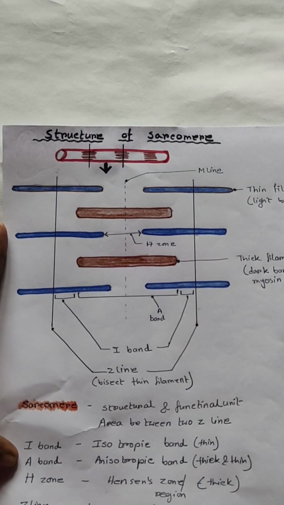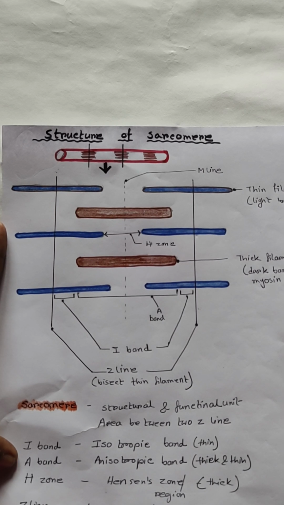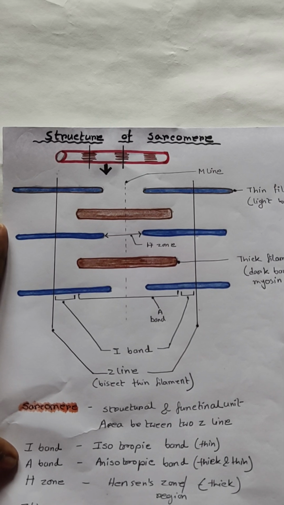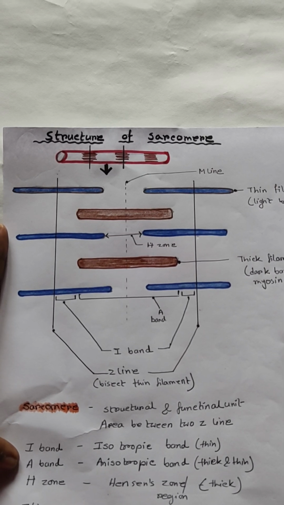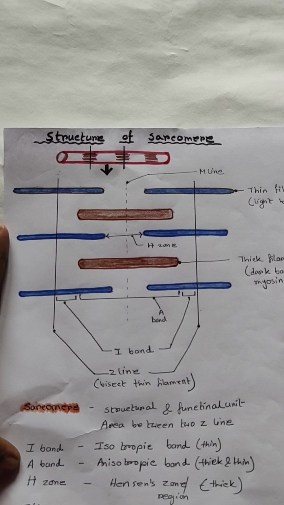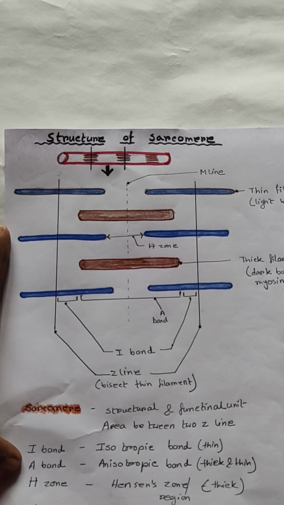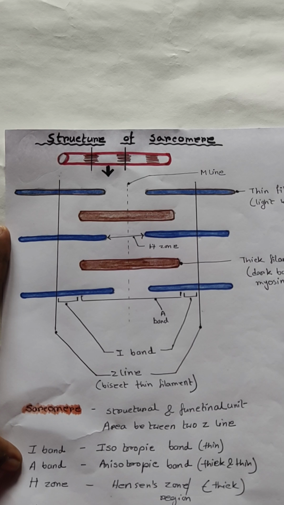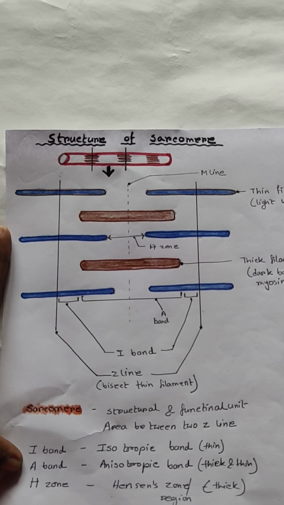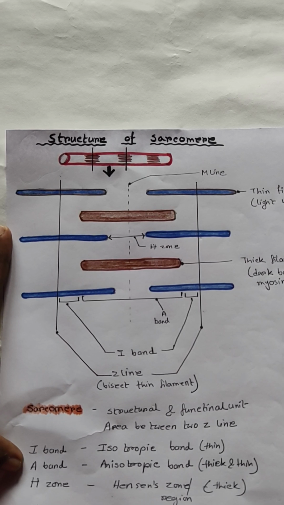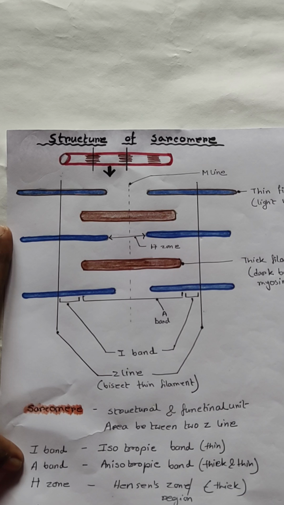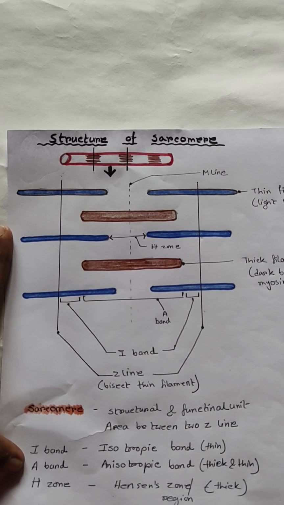So based on these changes, they proposed the sliding filament theory. This decreases the length of the sarcomere without any change in the size of A and I bands. A similar action in all the sarcomeres results in the shortening of the whole myofibril and thereby the whole muscle fiber.